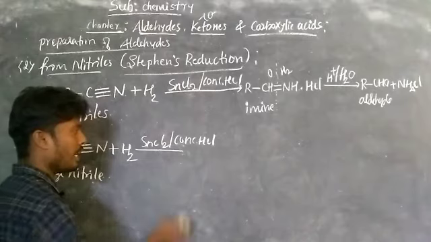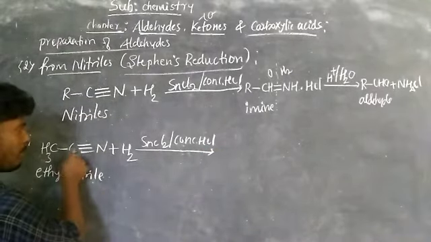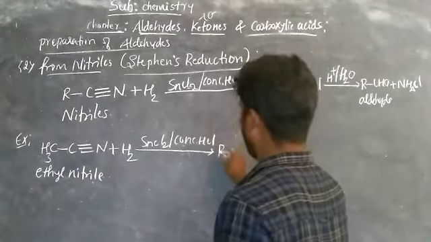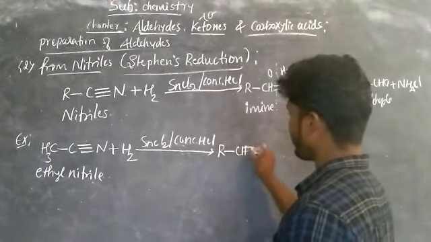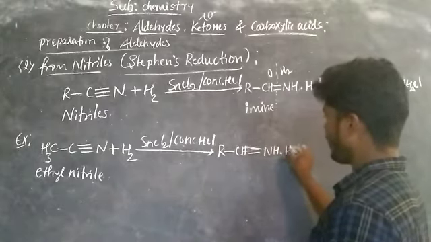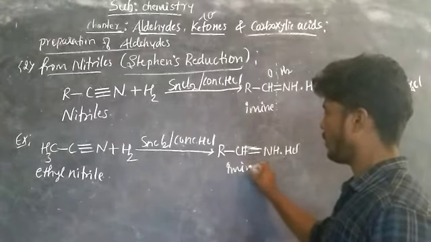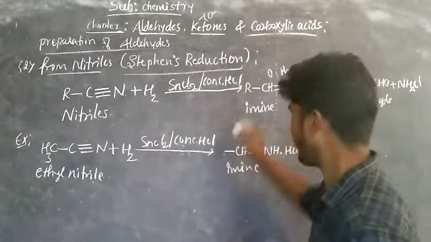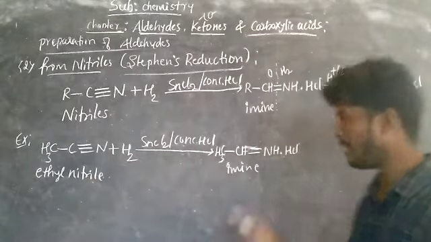So when you add these two reagents, what happens? Hydrogen is added between the carbon nitrogen triple bond. You get RCH double bond NH dot HCl salts, the imine salts. In place of R, write what we have taken, CH3.